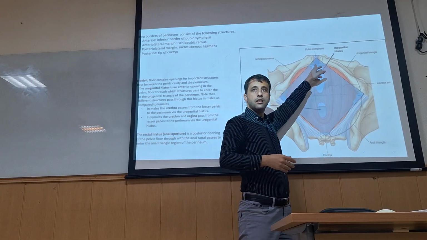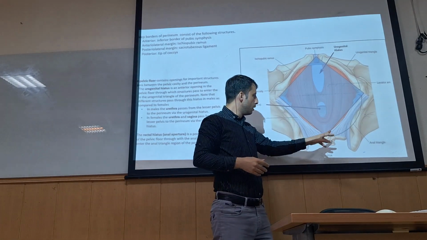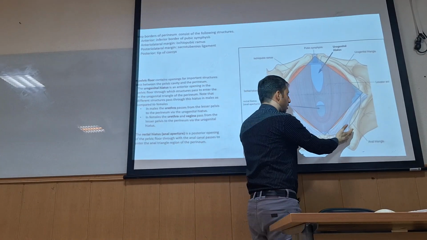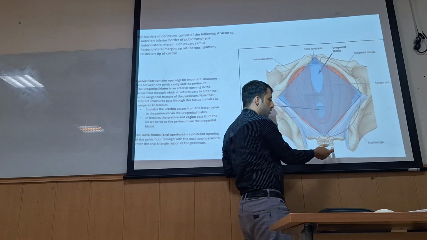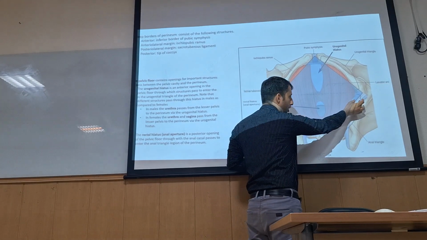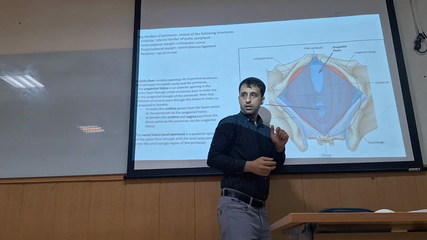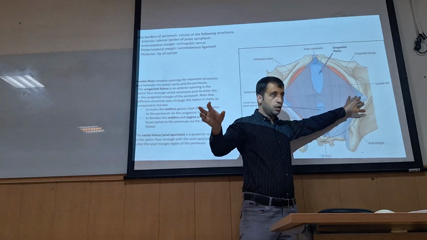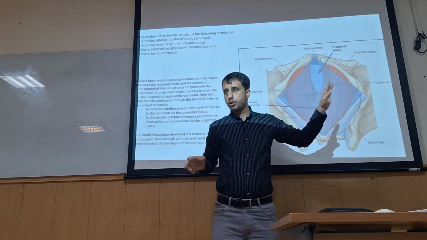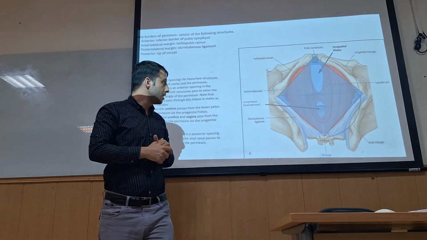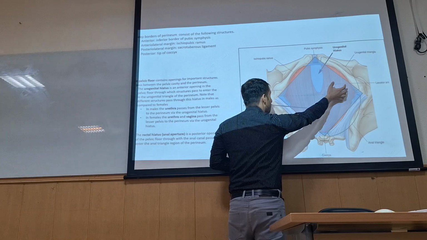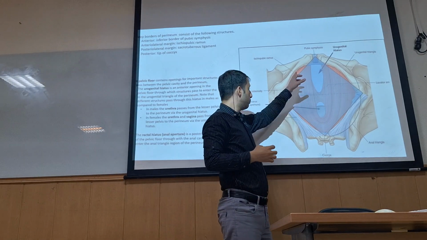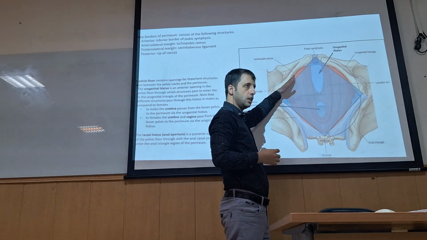Anteriorly is the pubic symphysis, posteriorly is the tip of the coccyx, posterolateral are these ligaments which originate from the sacrum and attach to the tuberosity of the ischium, which is named the sacrotuberous ligament.